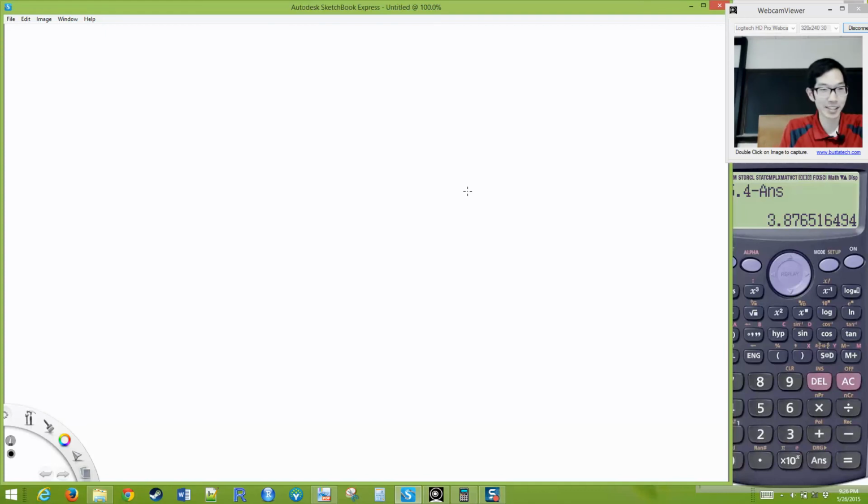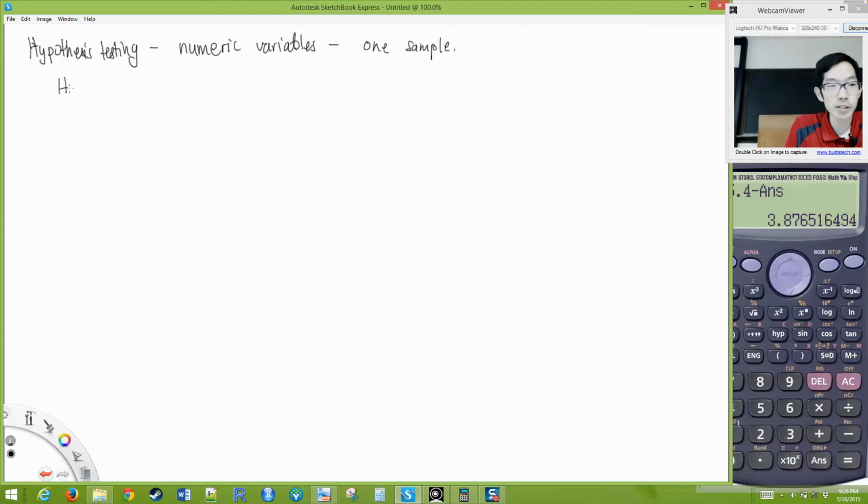Okay, so now we're going to do hypothesis testing, everybody's favorite subject. Again, everything we're doing this week is numeric variables, versus last week where we only dealt with categorical variables. Numeric variables, one sample. Your null hypothesis will always be in the form mu equals some number.